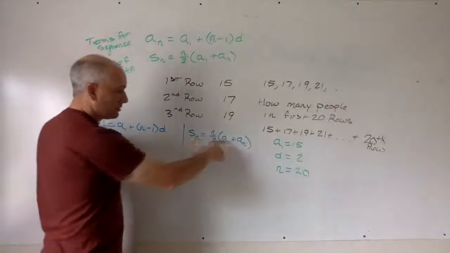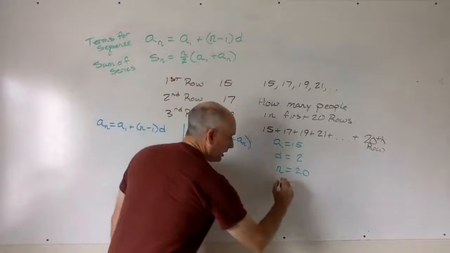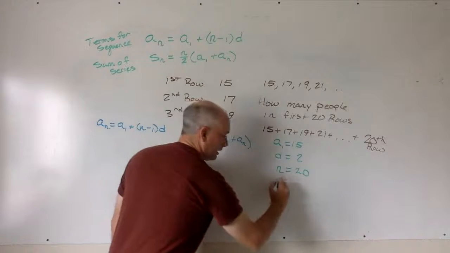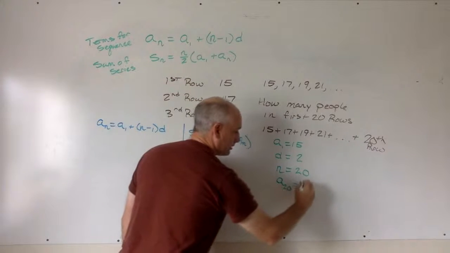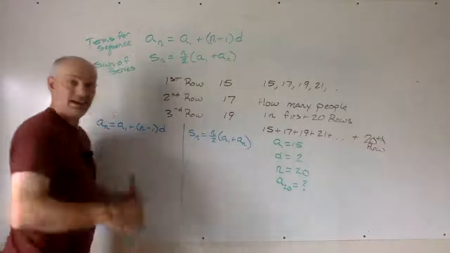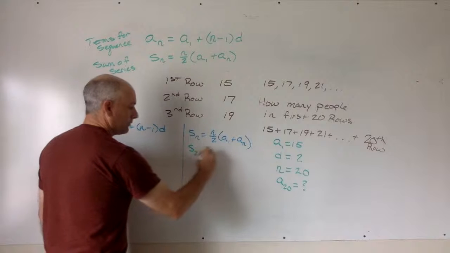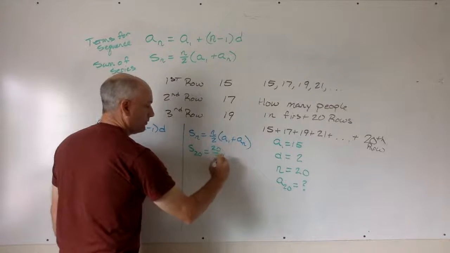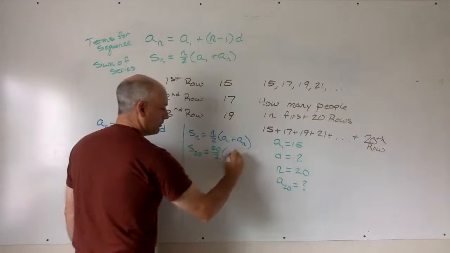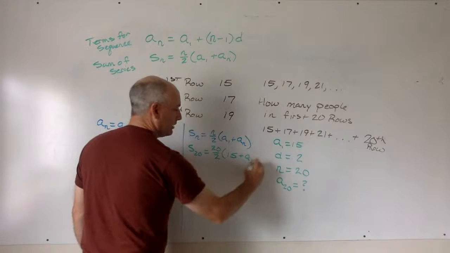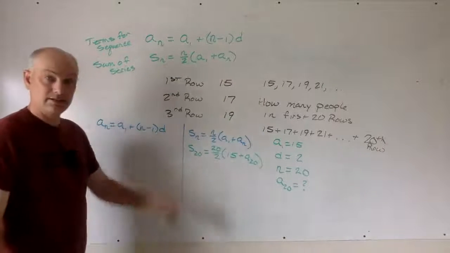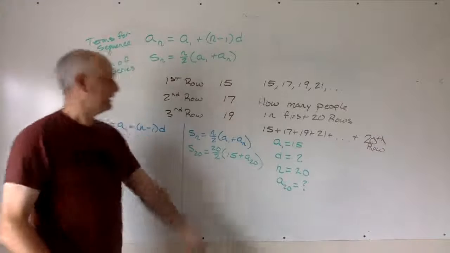So notice that if I start putting stuff in again, I need a sub 20, don't I? And again, put in what I know. S sub 20, 20 over 2, a sub 1 plus a sub 20. Notice that I can't calculate S sub 20 without a sub 20.